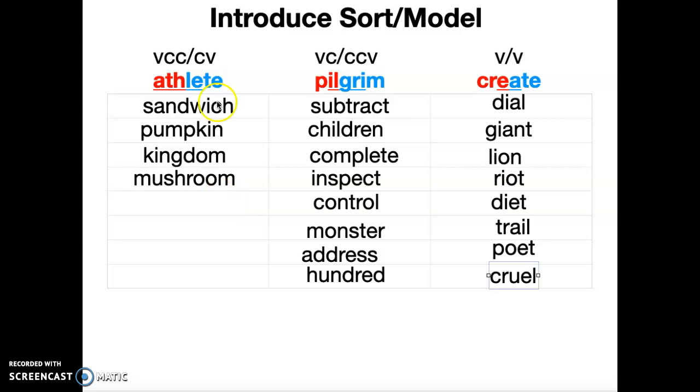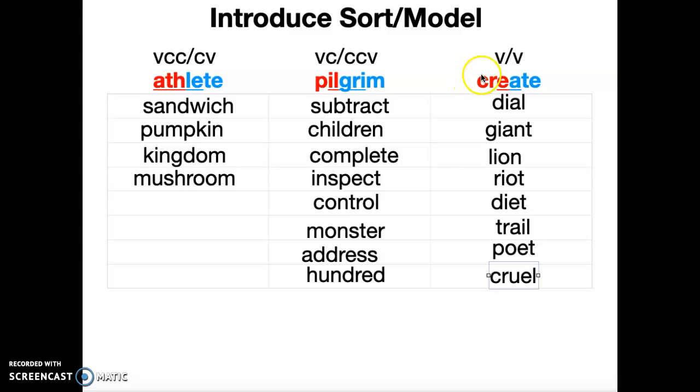Which patterns form closed syllables in the first syllable? Vowel, consonant, consonant, consonant, vowel, and vowel, consonant, consonant, consonant, vowel. Which pattern forms an open syllable in the first syllable?